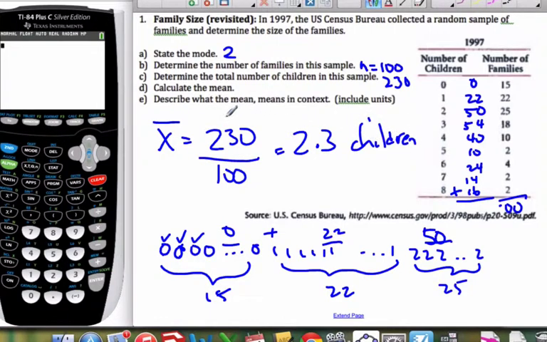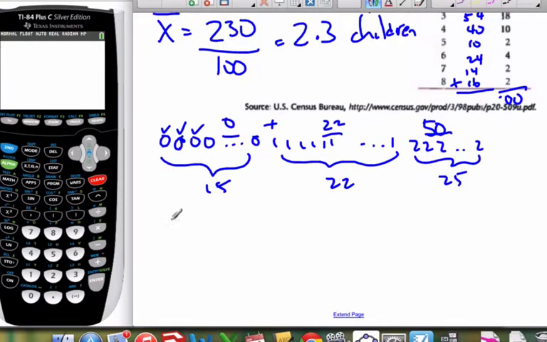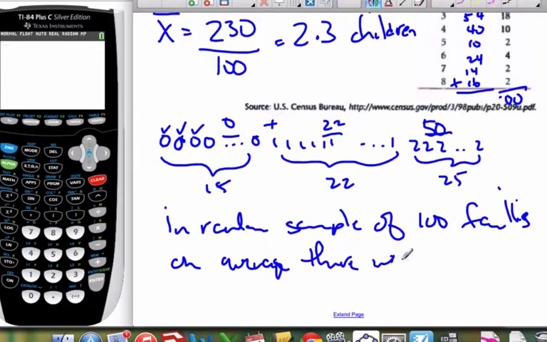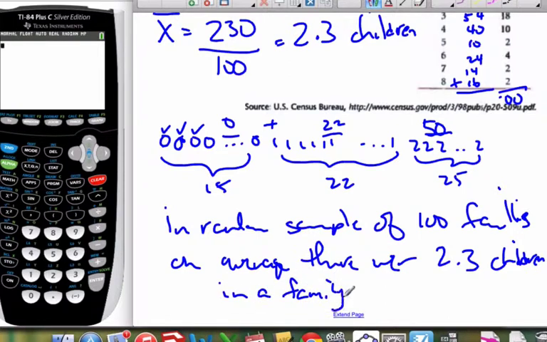So describe what the mean means in context. Well, what the mean means in context is: in a random sample of 100 families, on average, there were 2.3 children in a family.